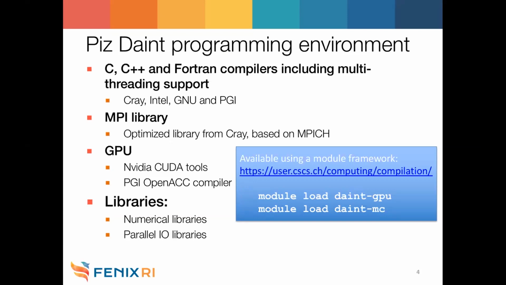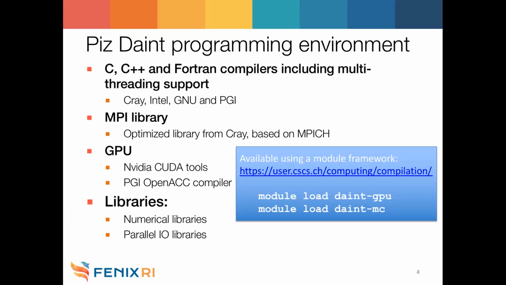The compiler options you have are the Cray compilers for all these languages, the Intel compiler, if you like using it for your current applications and environment, the GNU environment, and PGI. I'll go into a little more detail about each, but the important thing to remember here is that you have the most commonly supported programming models and environments by multiple vendors.